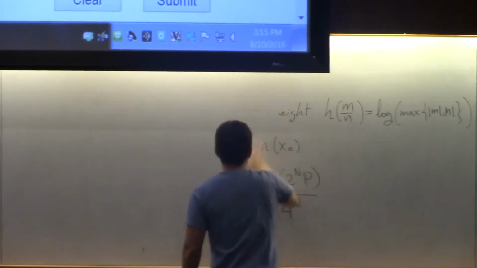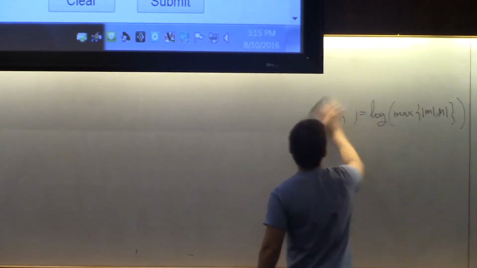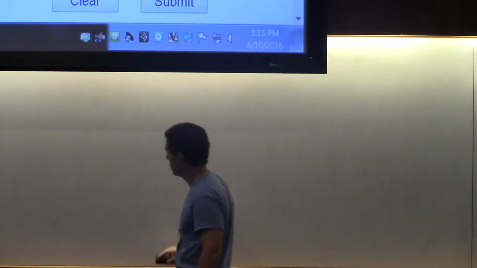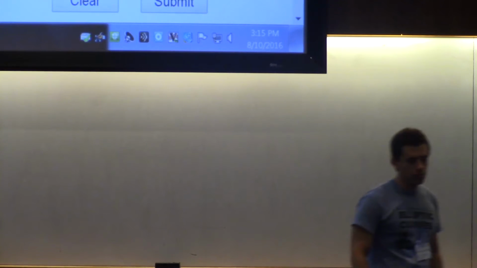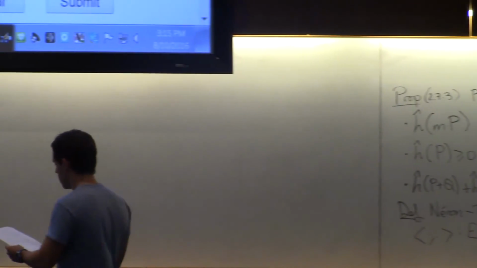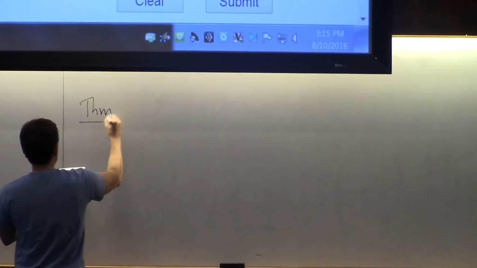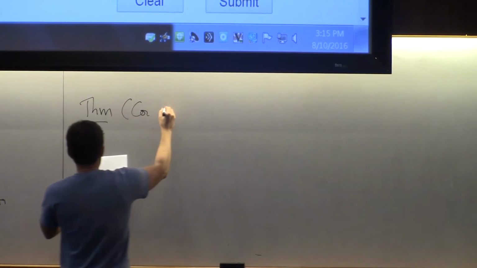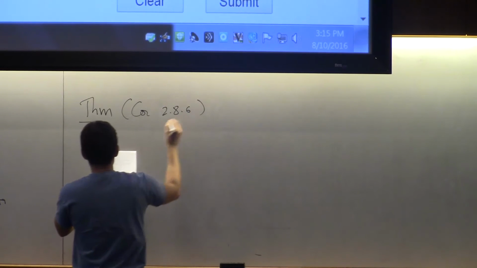You can see more information in my book, in the notes. And if you want to see it in full, then you would have to go to Silverman's book. Silverman is the expert in heights of elliptic curves. Okay, so this is corollary 2.86 in the book.